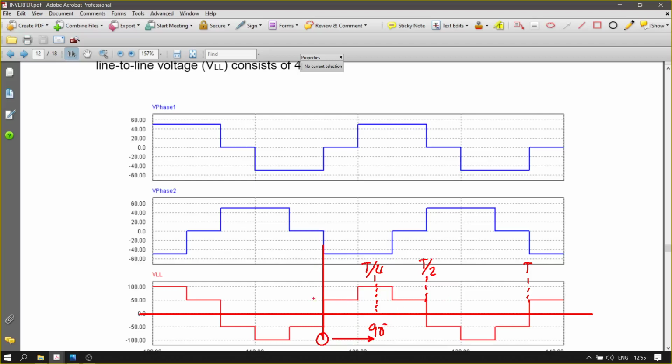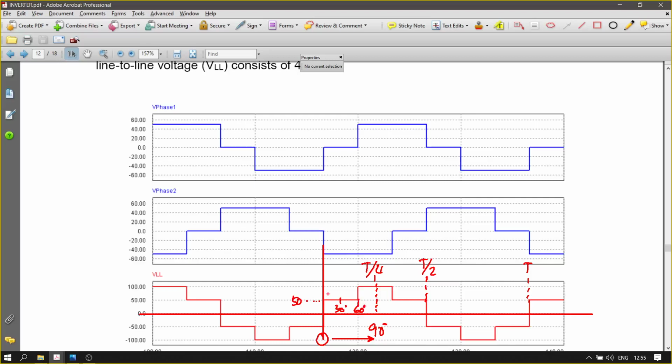Okay, and therefore you have two integrals that you need to solve. One is when it's 50 volt, which is equal to V in. Okay, and that's from 0 to, what is this? 0, this is 30 degree, that is 60 degree, and this is 90 degree.